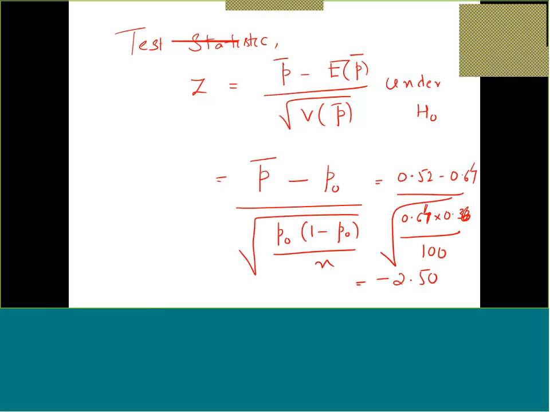Now, you just know the value. So, p-value can be calculated as, because it is a two-tailed test, twice the probability of z less than or equal to minus 2.50. For a negative value, we take less than or equal to. If you get a positive value, you will take greater than or equal to.